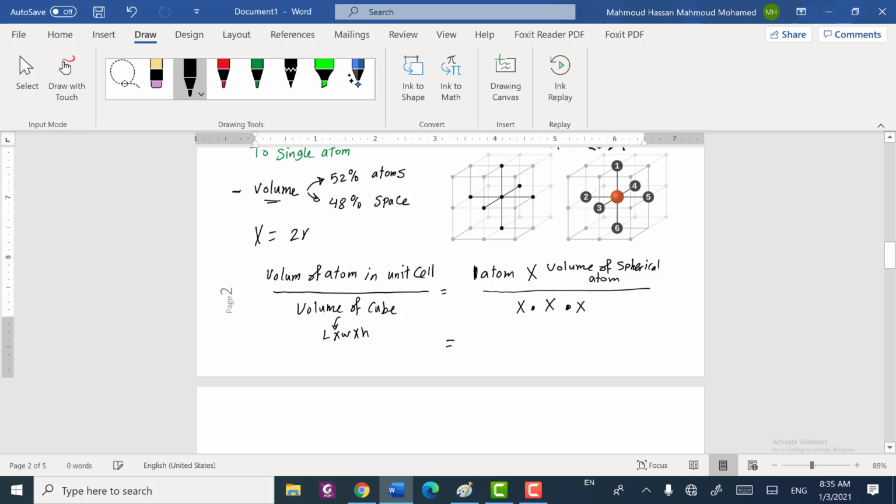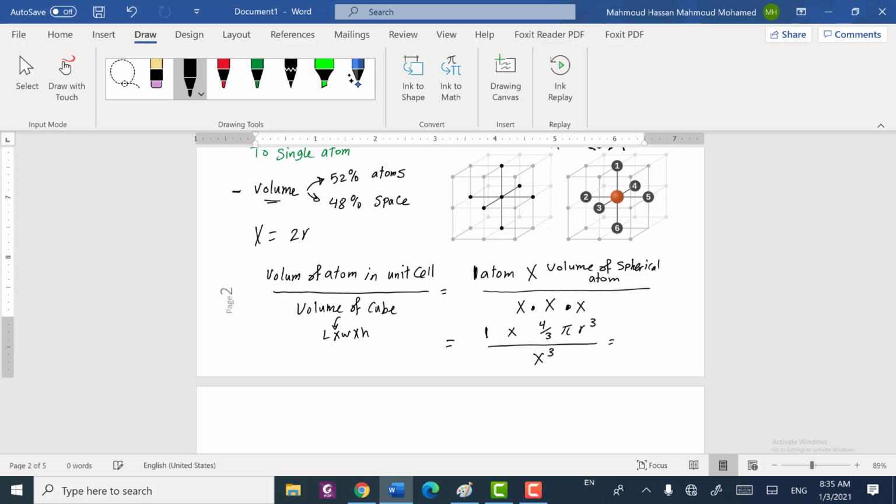So 1 atom times the volume of the spherical shape, 4/3 pi R cubic, divided by X cubic.